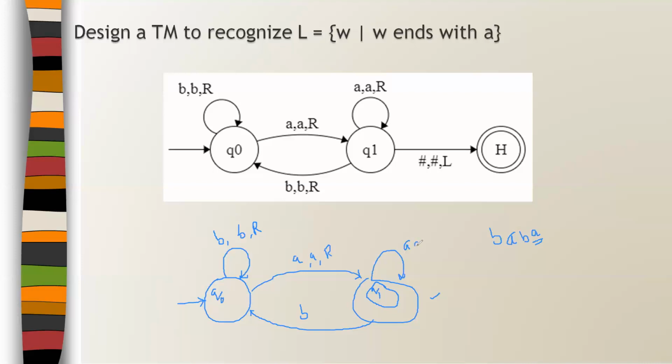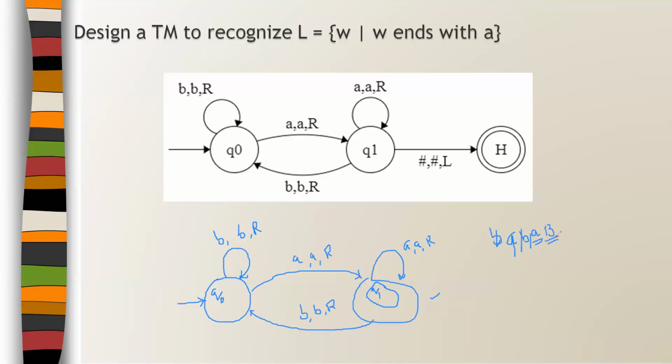After this, A is read and A is written and the direction is right. And finally, if we get the B symbol, B is read and B is written here and the direction is right. Now your string ends, B A B A. Now what will we get? Here we will get the blank symbol.